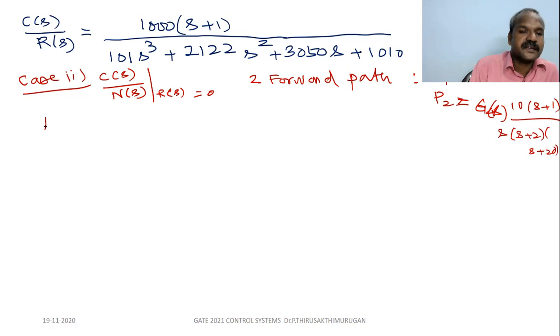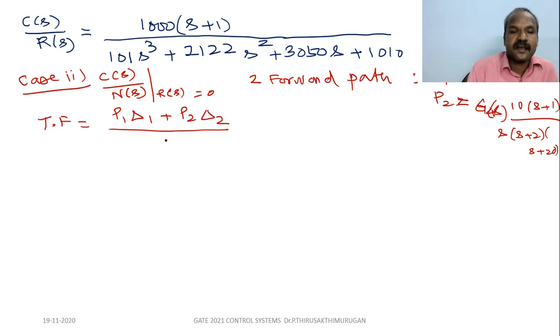So transfer function equal to, what is transfer function? P1 delta 1 plus P2 delta 2. Only two delta values, then delta. According to Mason's gain formula, P1 is 1, P2 is this one. What is delta? Delta is nothing but 1 plus sum of how many individual loops?